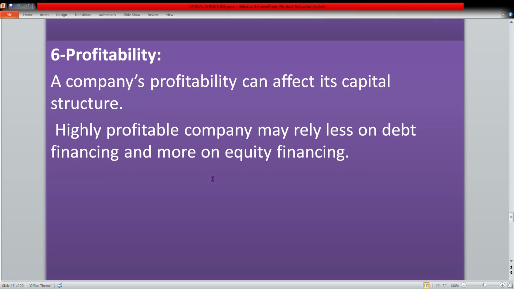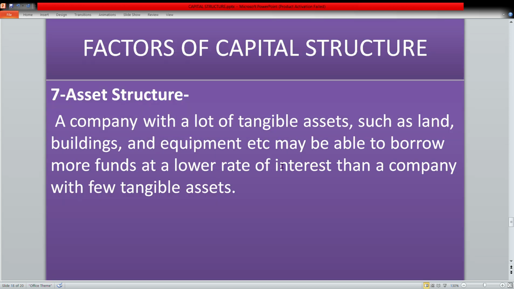Then we will come to your asset structure. If the company has a lot of tangible asset like land, building, equipment, etc., it may be able to borrow more funds at a lower rate of interest than a company with few tangible assets. If the company has a lot of tangible asset, the bank keeps it as a mortgage, either primary mortgage or secondary mortgage, to advance the loan.